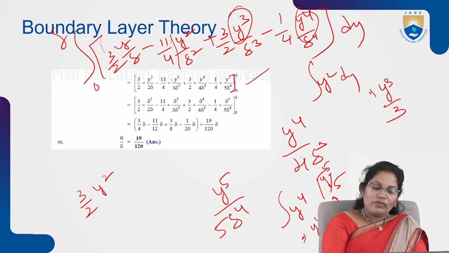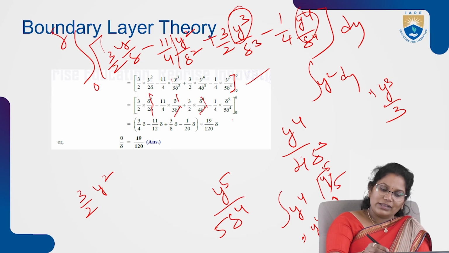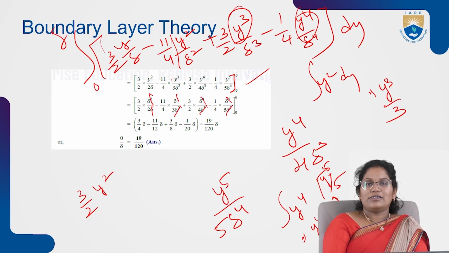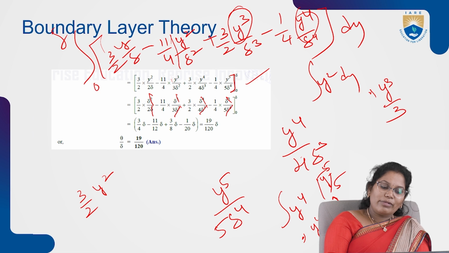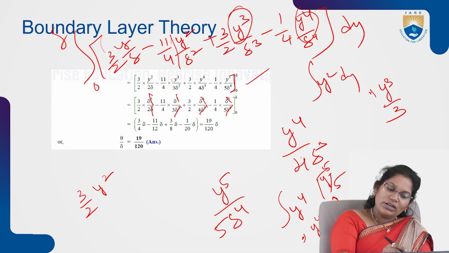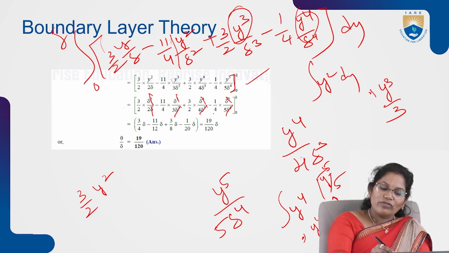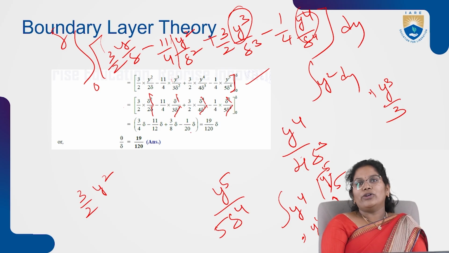Right? So after getting this, delta square and the cube will get cancelled. Delta cube by 4 will get cancelled. This will get cancelled. Right? 3 by 2 into delta into 1 by 2, that will become 3 by 4 delta minus 11 by 12 delta plus 3 by 8 delta minus 1 by 5 into 4 is 20, 1 by 20 into delta.